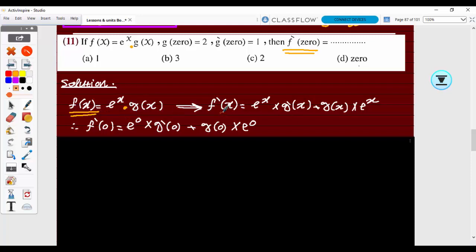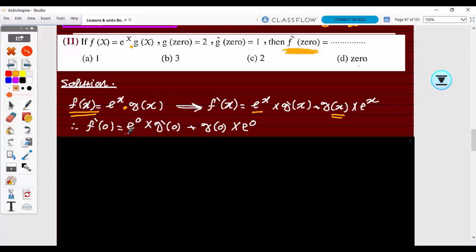So f dash of x equals the first multiplied by the derivative of the second, g dash of x, plus the second multiplied by the derivative of the first. The derivative of the first function, e power x, is e power x itself.